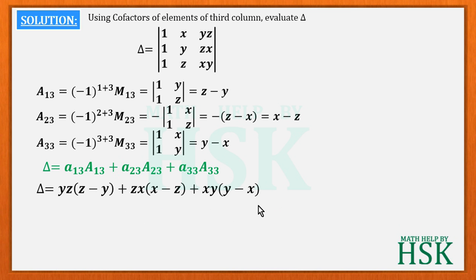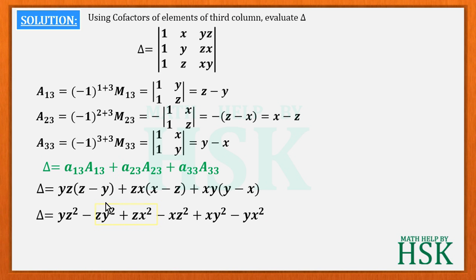Okay, so we have simply placed the values. Now comes the calculation. For calculation, first of all I'm going to open all these brackets. So this will be equal to yz square minus zy square, plus zx square minus xz square, plus xy square minus yx square.